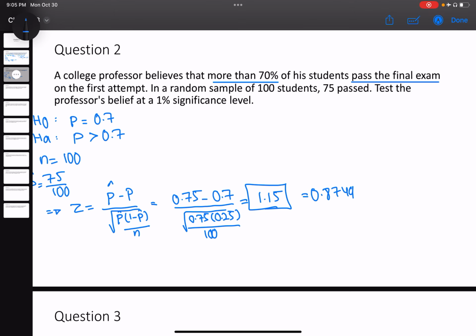So if we draw a normal distribution, it will be around a little bit higher than z equal 1.